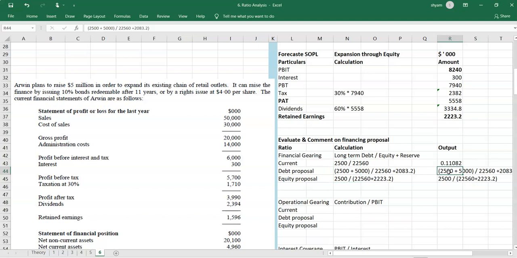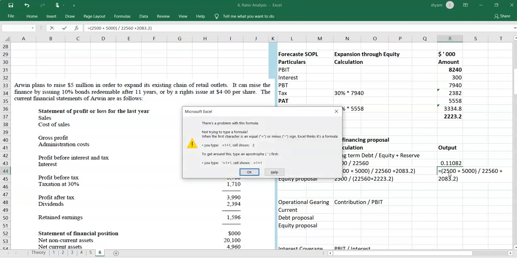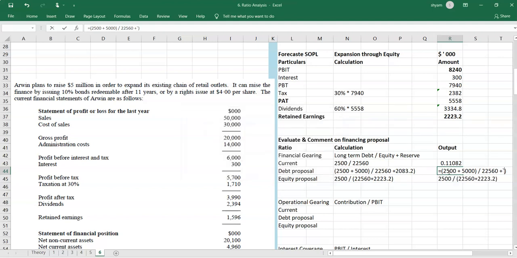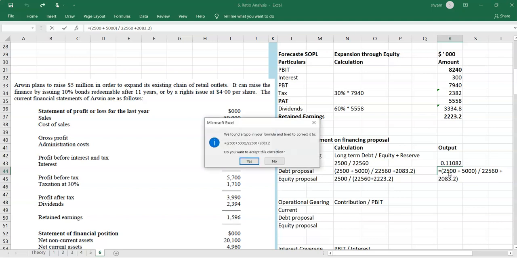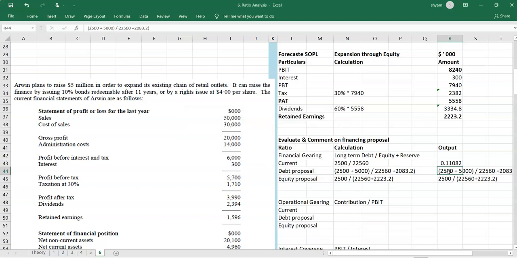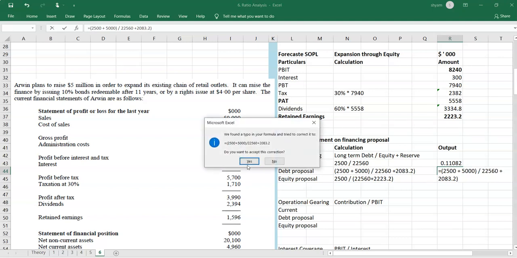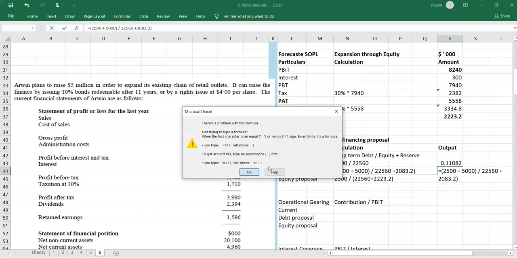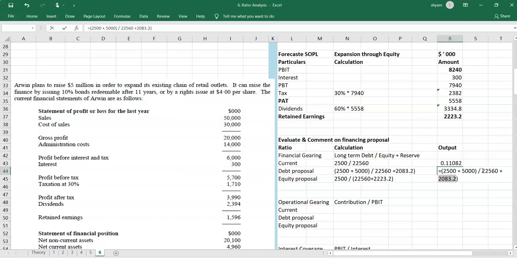So currently the ratio is at 0.1 debt. Okay, we have to put a bracket here.